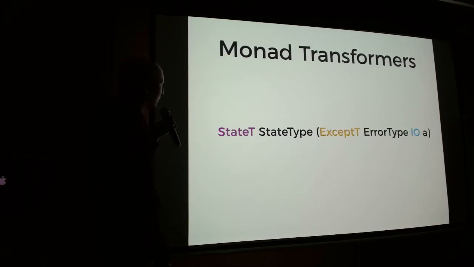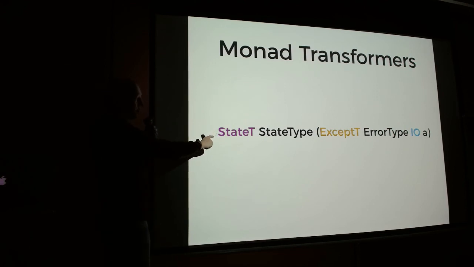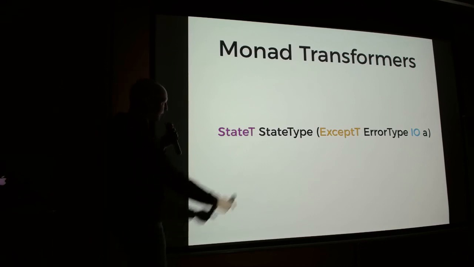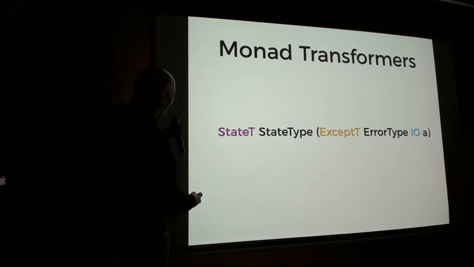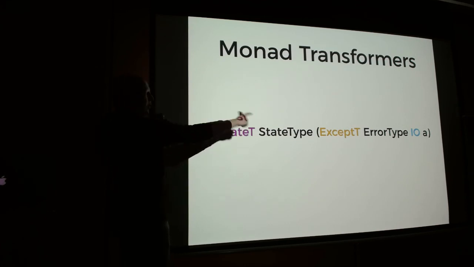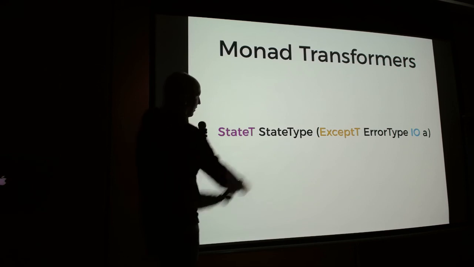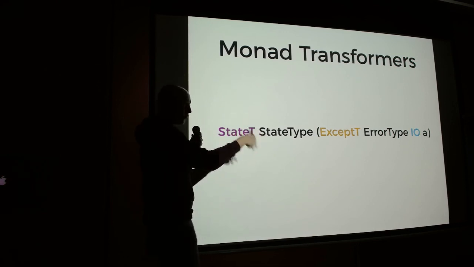But in purely functional languages such as Haskell or PureScript, you also have monad transformers, which allow you to combine monads into new monads. So, for instance, here you have the state transformer and the exception transformer. Basically, that's a huge type that describes a computation that modifies some state, producing some values alongside. State has this state type, that's the data structure of our state.